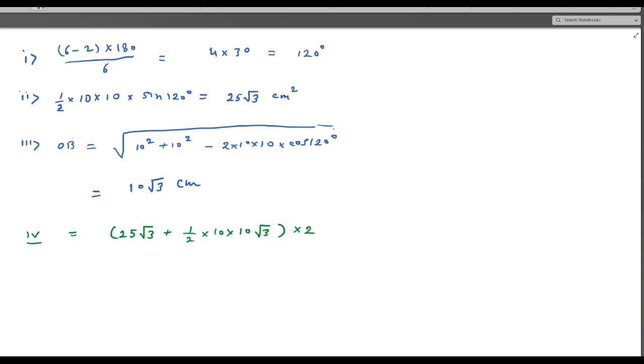So here 10 times 10, 100 divided by 2, 50, 50 root 3 plus 25 root 3 is 75 root 3, 75 double is 150 root 3. So 150 root 3 centimeter square is your area of the hexagon.